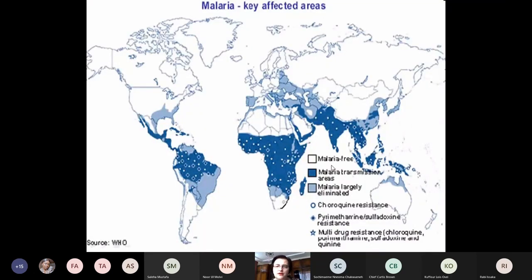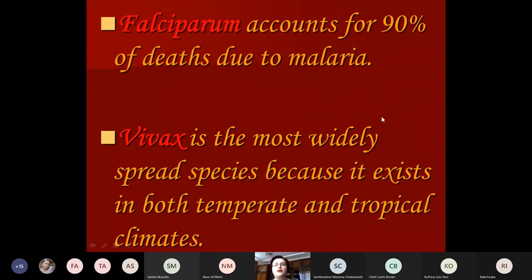Now here you can see main malaria affected areas with chloroquine resistance. It's an interesting map, but maybe for the next slides later. Falciparum accounts for 90% of deaths due to malaria.